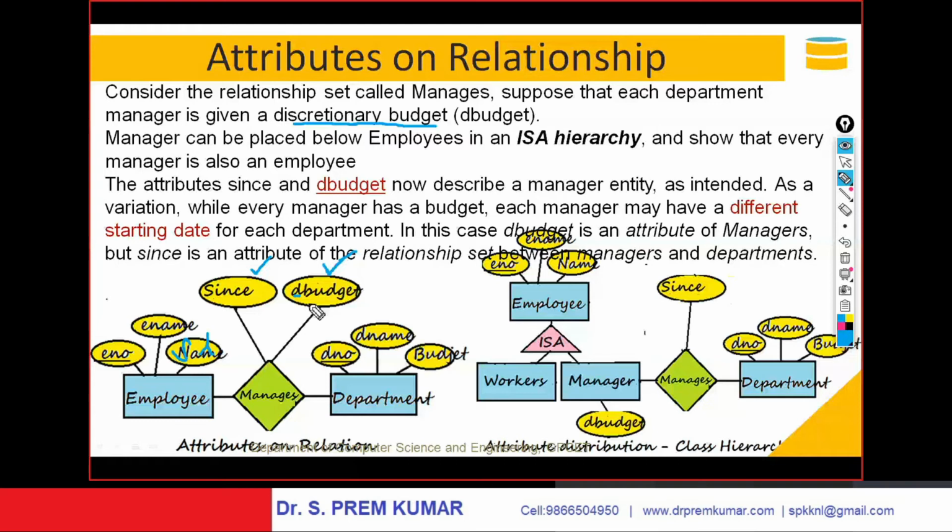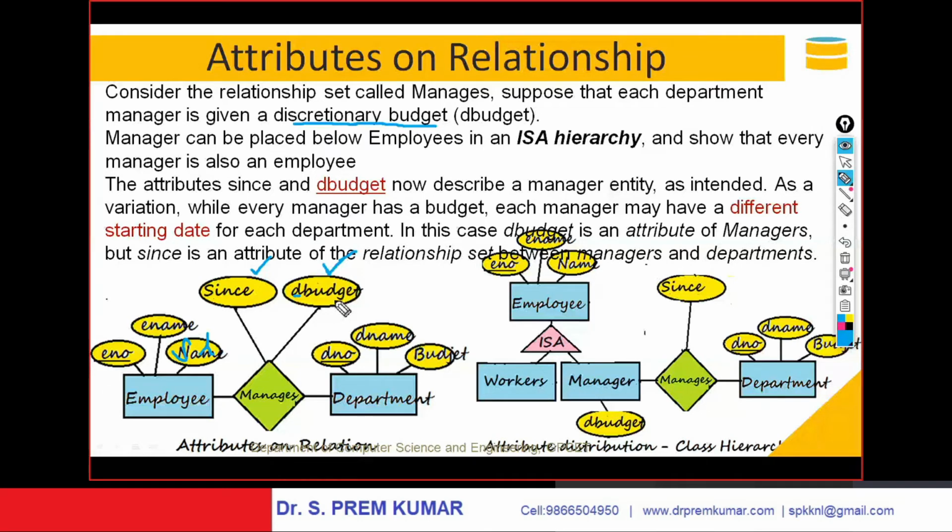This generalized ER diagram can be enriched, can be enhanced, can be depicted in a better way, like with an easier relation. What is this easier relation? You observe carefully. All employees are not given budget.